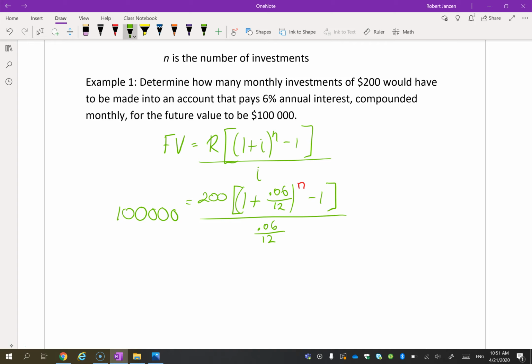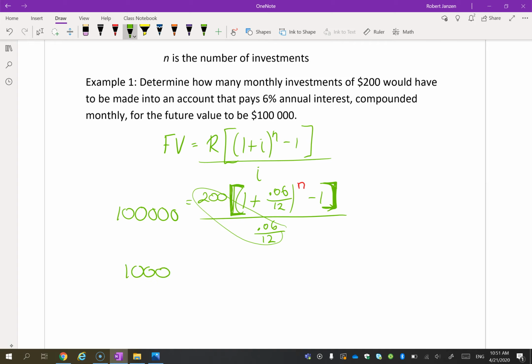Now how are we going to get N by itself? Well, you've got to peel this apart. The first thing we can do, if you notice these big brackets, is get rid of this stuff because it's outside the brackets. So let's first put that in the calculator. What is 200 divided by 0.06 divided by 12? It's 4,000.